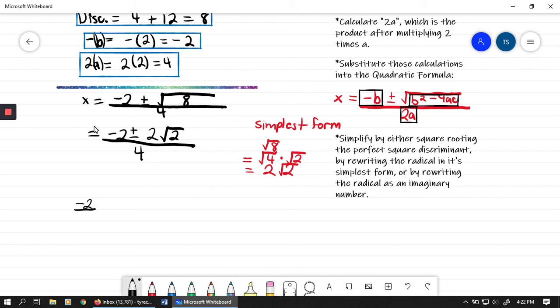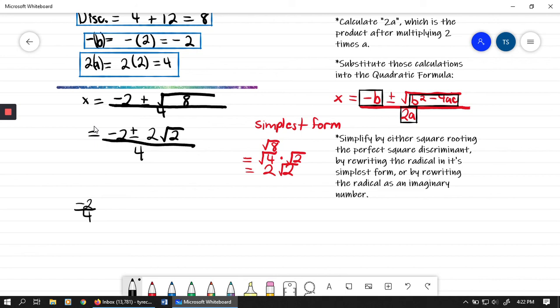When you do have 2 terms in the numerator, at the top of a fraction, and you've only got 1 term at the bottom, and that term is a constant like 4, then you can split it up into separate fractions.